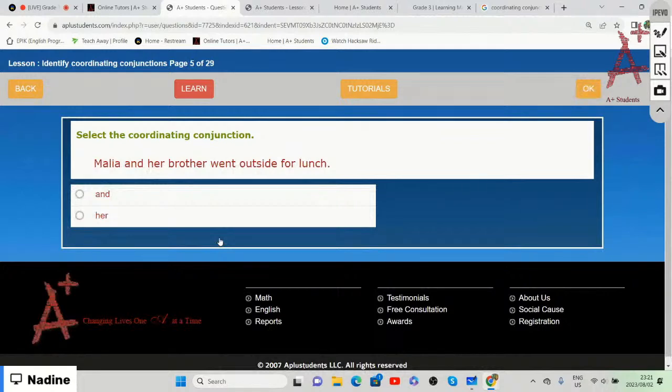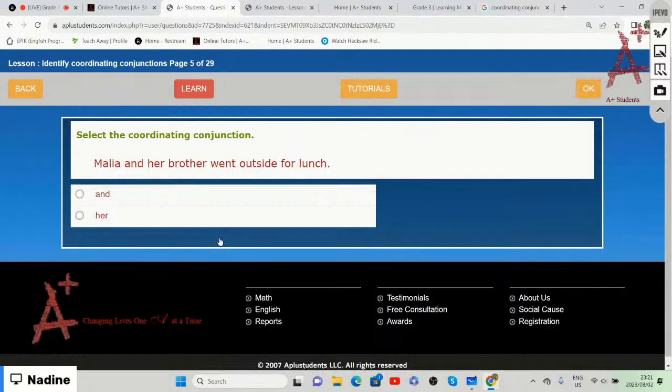Malia and her brother went outside for lunch. We need to select the coordinating conjunction between and or her. Is it and or is it her?